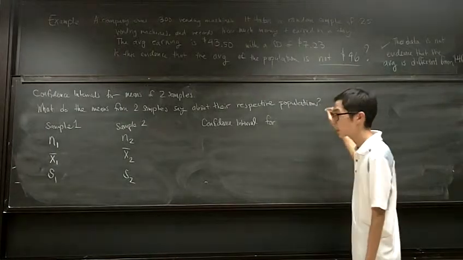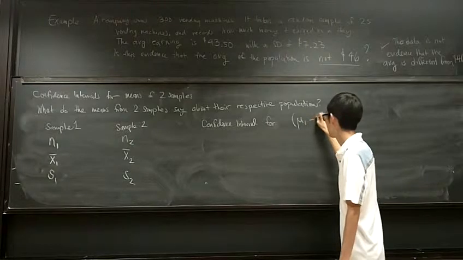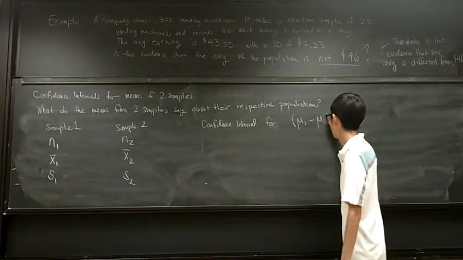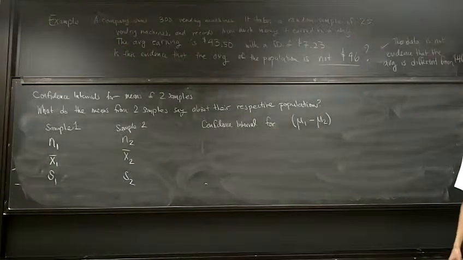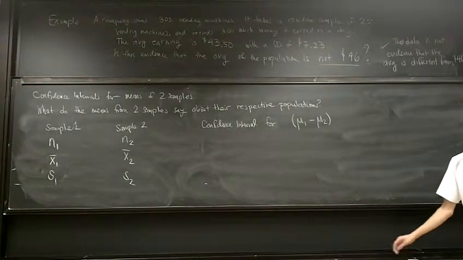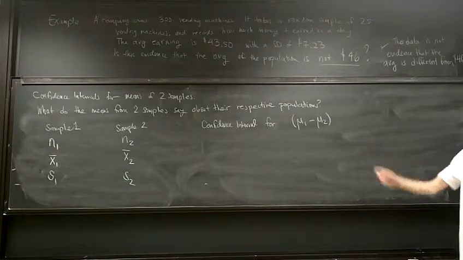So we are going to make a confidence interval for the difference between mu1 and mu2. So we're asking, do the respective populations have the same mean, or are their means different? That's what we're asking here.